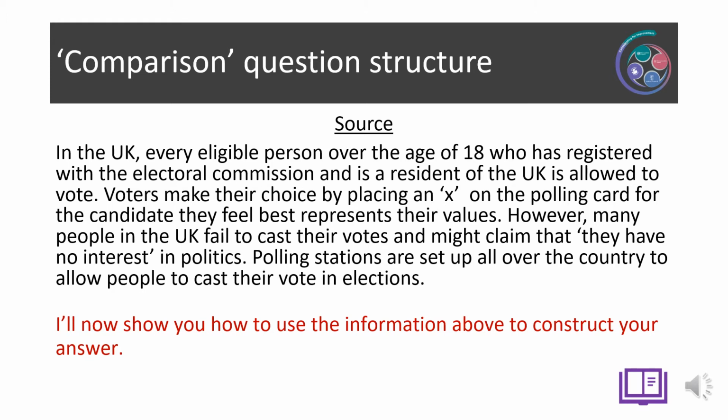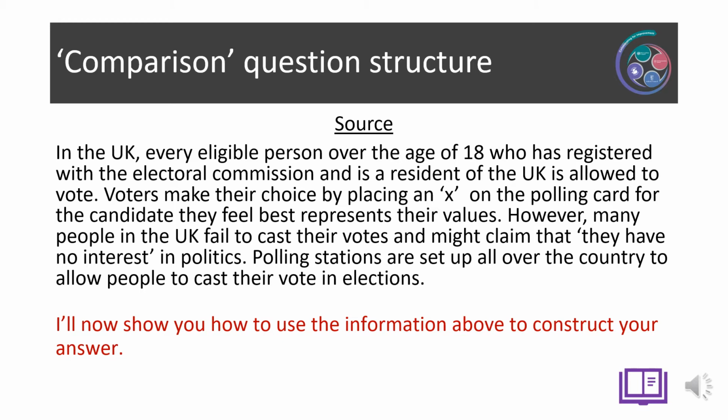Let's now look at how to structure a comparison question. You will be provided with a source such as the one below. It reads, in the UK, every eligible person over the age of 18 who has registered with the Electoral Commission and is a resident of the UK is allowed to vote.